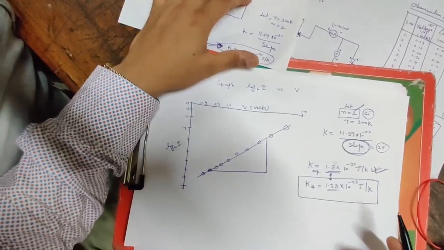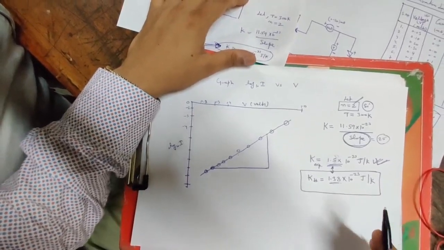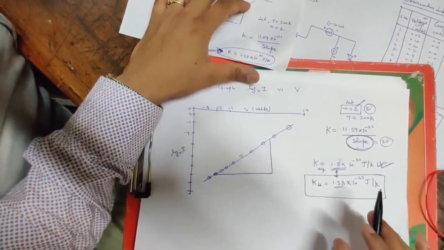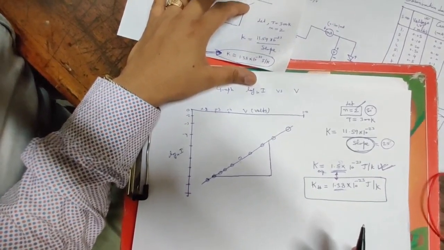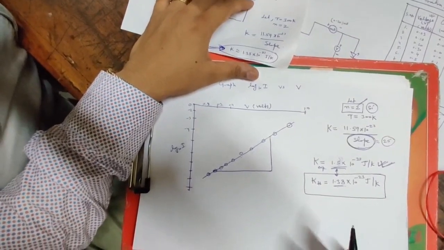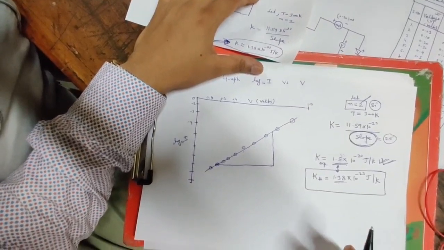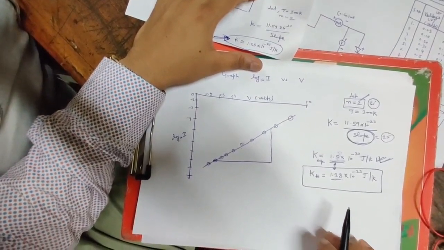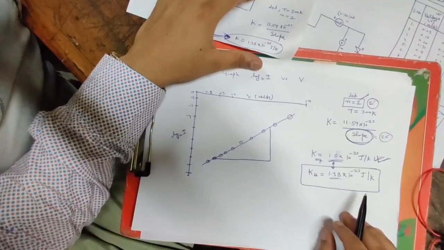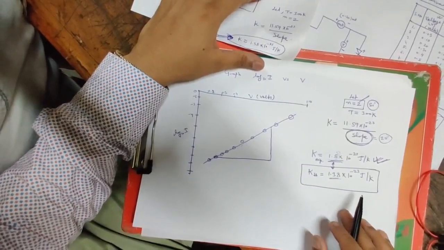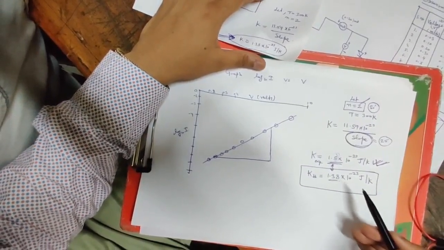So generally we take germanium type of semiconductor. So what I am trying to say is that if the ideality factor deviates from 1, it means that the diode which we are using is not ideal, right? Why is it not ideal? Because it deviates from its value, which is 1.